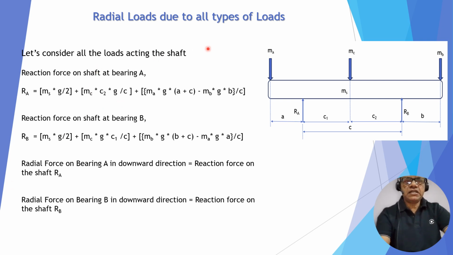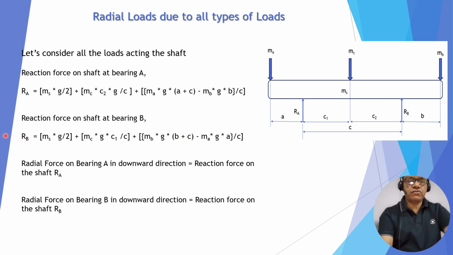Now let's calculate the reaction considering all three types of loads. The reaction force on the shaft at bearing A, RA, is equal to ms into g by 2, because of the weight of the shaft, plus mc into C2 into g by C, because of the external mass attached in between the shaft, plus bracket start Ma into g into A plus C minus Mb into g into B bracket close, divided by C, because of Ma and Mb on the overhung shaft.